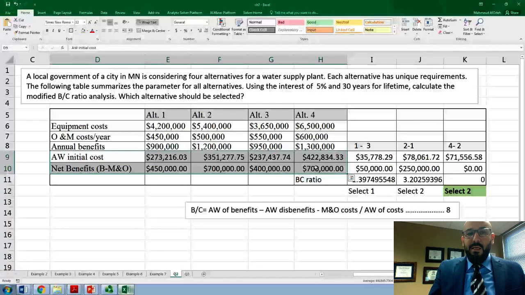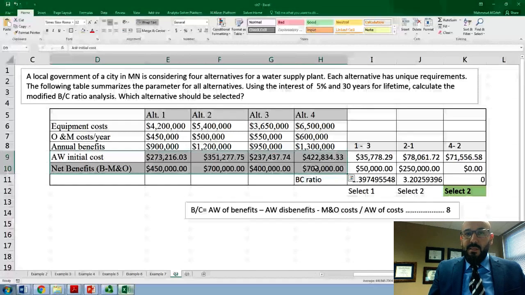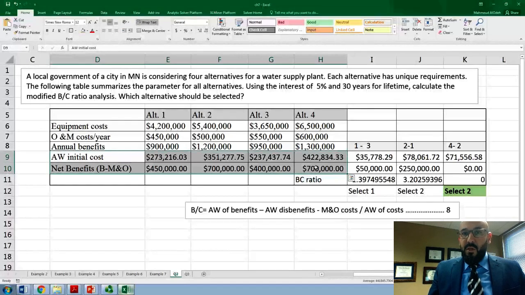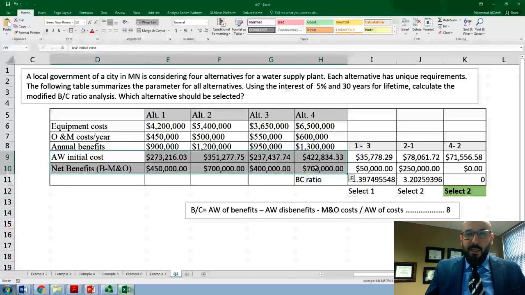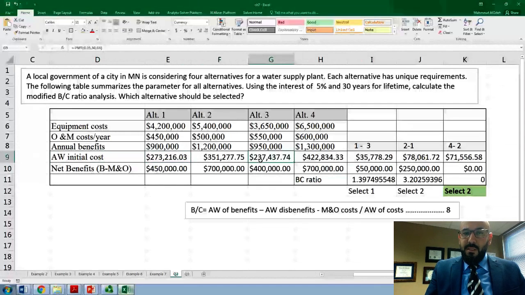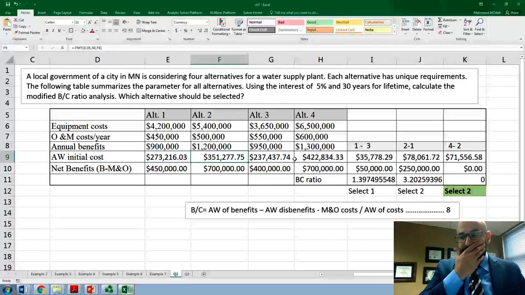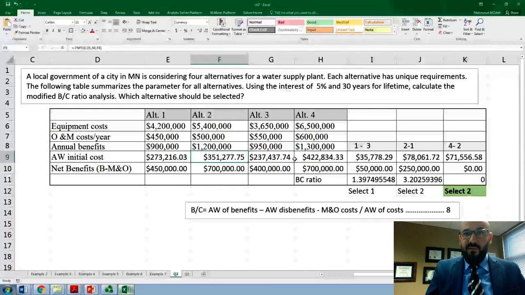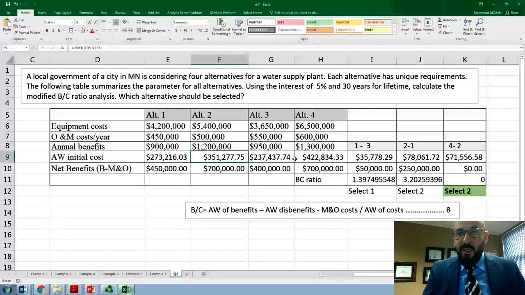So we rank the alternatives based on the initial cost from low to high, and that gives you the first one to consider, alternative 3. This is the lowest initial cost, then alternative 1, then alternative 2, and then alternative 4. And then you start with the first 2 alternatives that have the lowest initial cost.